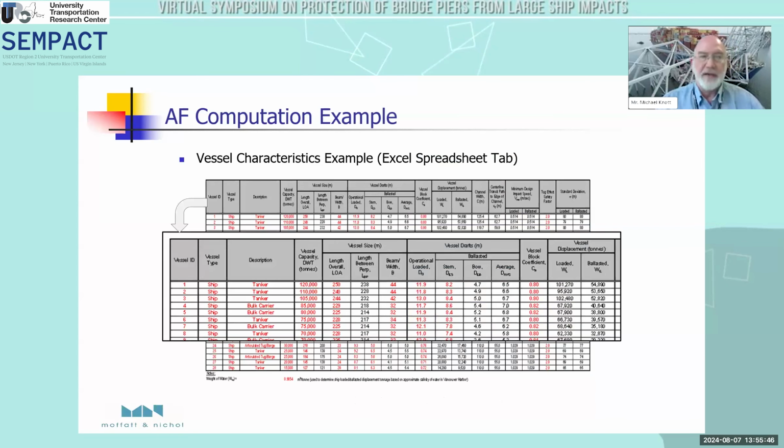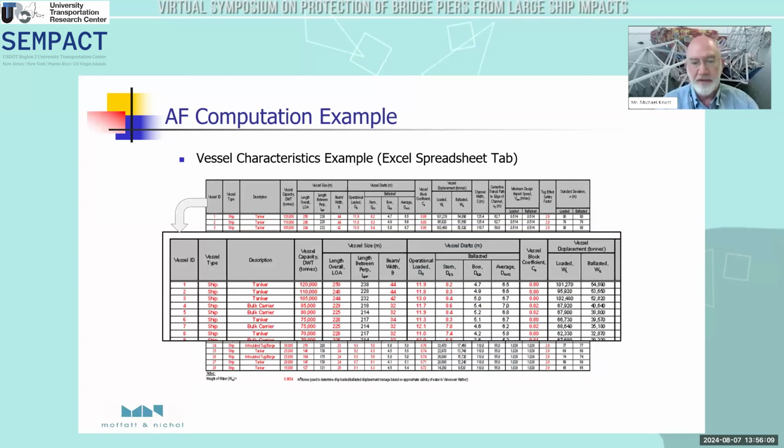This is just an example of a typical spreadsheet where this is an input for vessel characteristics. On one side shows the vessels. So we usually organize them from largest vessel to smallest vessel. So here we have a 120,000 DWT tanker, followed by 110, 105, 85,000 bulk carrier, so forth.